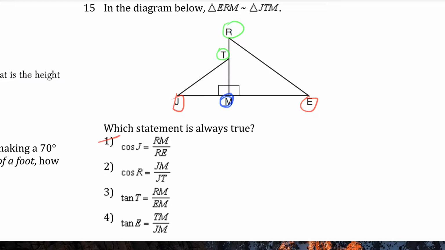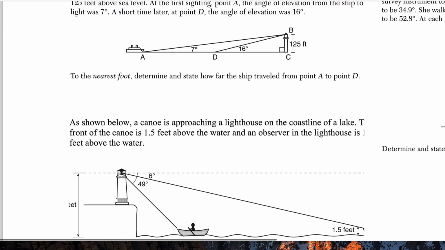Adjacent of R, so R they mean T, adjacent would be TM, not JM, that's out. Tan T, we have T is R, TOA, opposite, ME, that's out. And tan E is the same thing as saying tan J, so tan opposite is TM over adjacent is JM, that's the answer. So I just had a lot to juggle in my head at once, so I found it to be something.